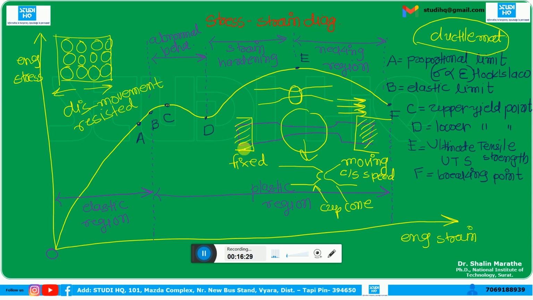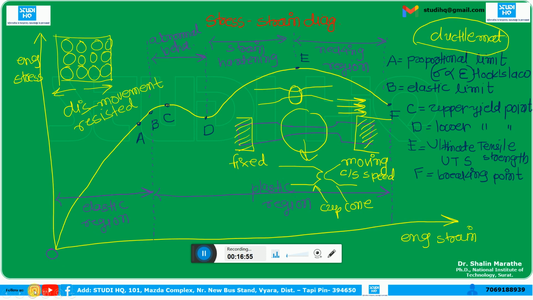Okay, so the six points are very important, and there are two main regions, the elastic region and the plastic region. In the plastic region, we have a distinct strain hardening zone and necking zone. Okay, and between B to D, that is the abnormal behavior of the material. Okay, so this is the stress strain diagram for the ductile material.